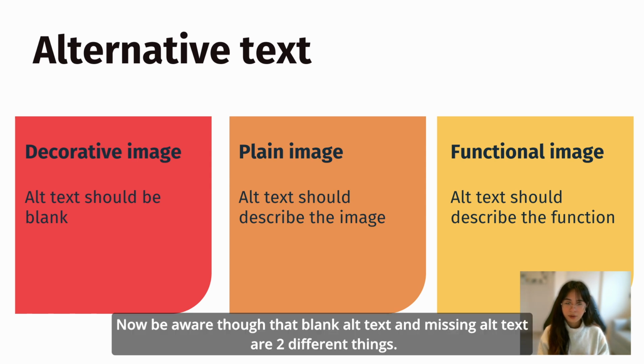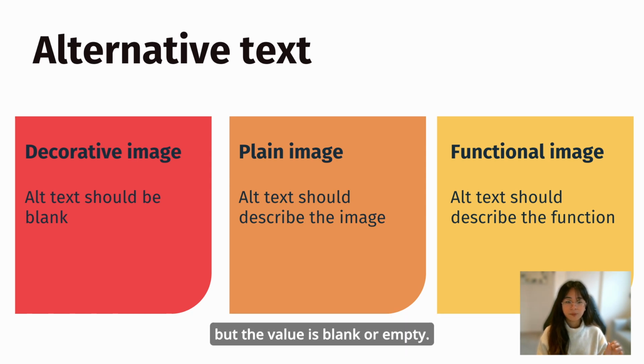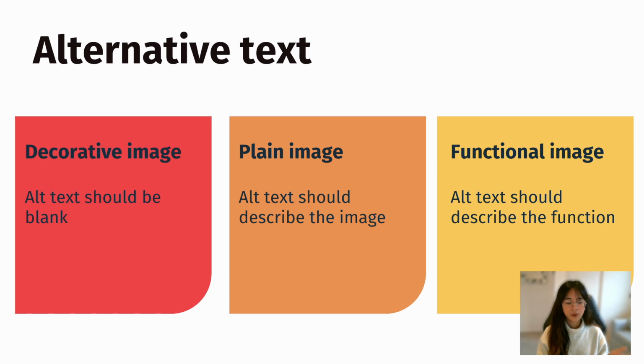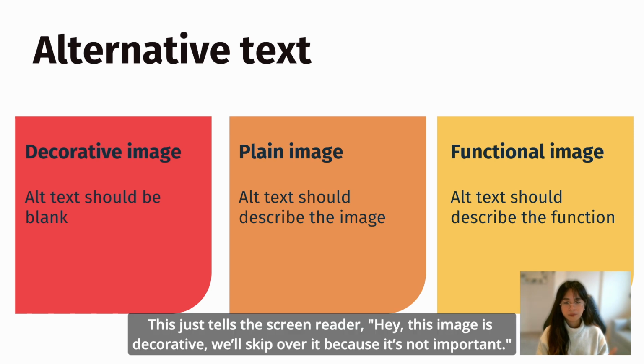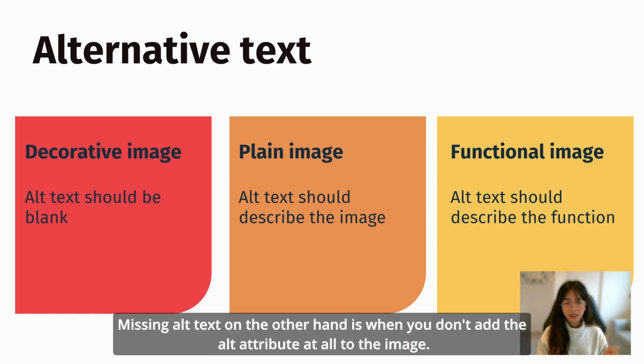Now be aware though that blank alt text and missing alt text are two different things. So blank alt text means that you still include the alt attribute to the image, but the value is blank or empty. So this just tells the screen reader, hey, this image is decorative, we'll skip over it because it's not important. Missing alt text, on the other hand, is when you don't add the alt attribute at all to the image.